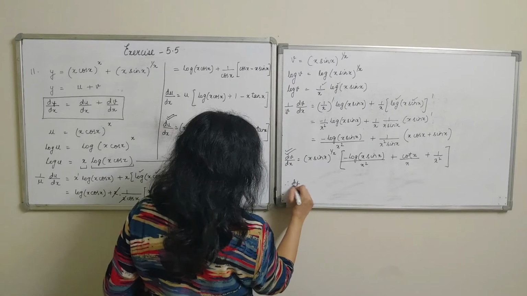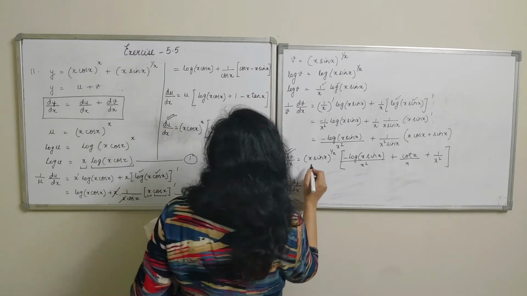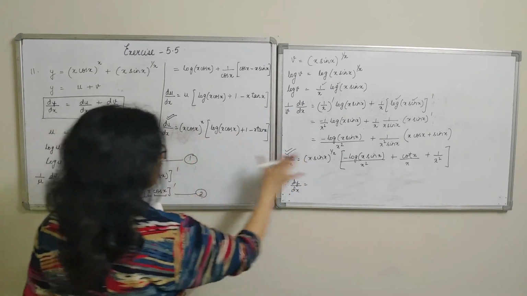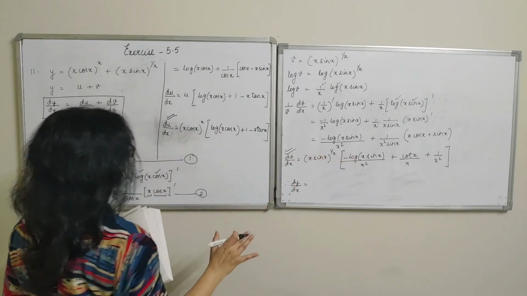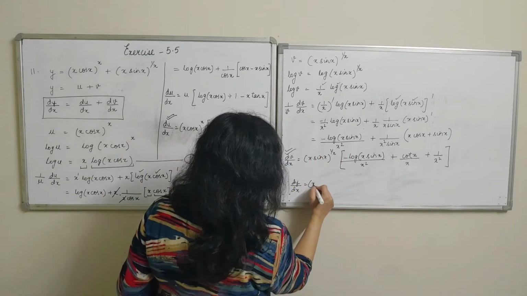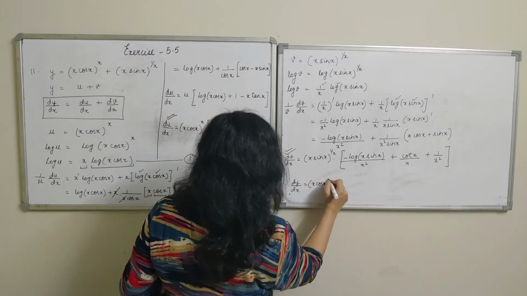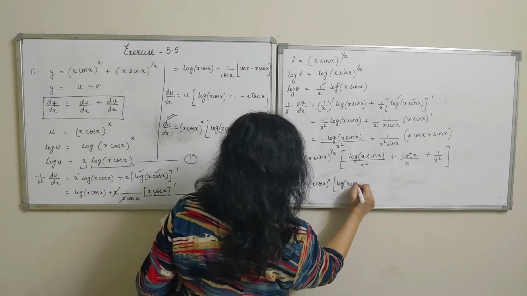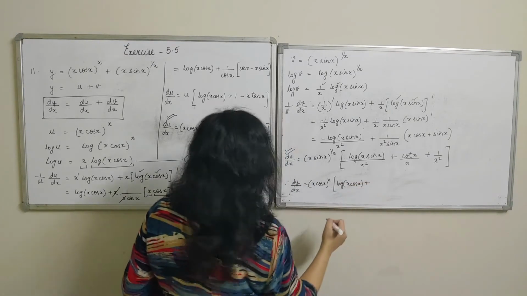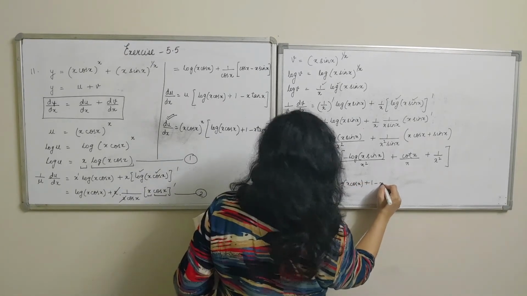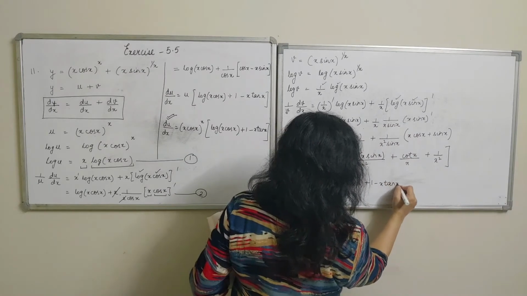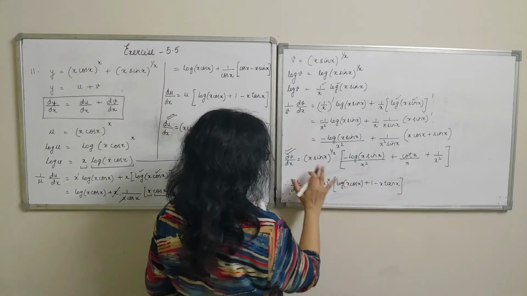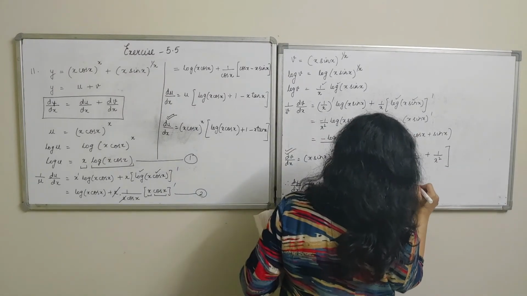Now the last step, dy by dx. Write down this expression plus this expression, that will give us dy by dx. It's a big expression, so ensure that all terms are written correctly. Log x cos x plus 1 minus x tan x. So that's du by dx. Next term is dv by dx.